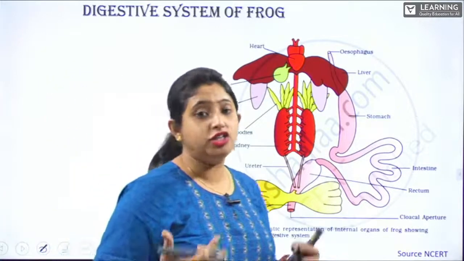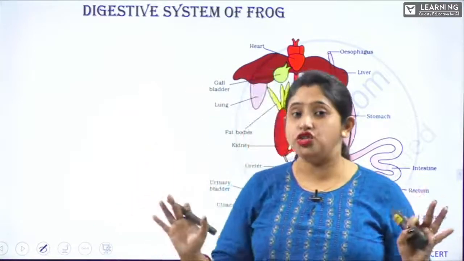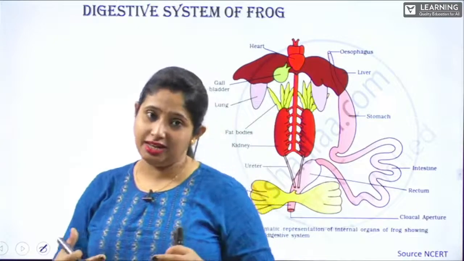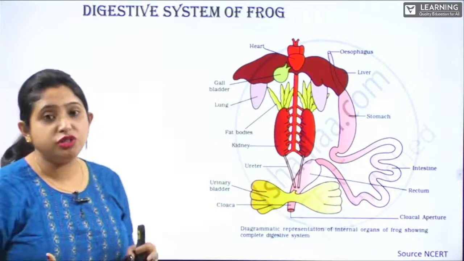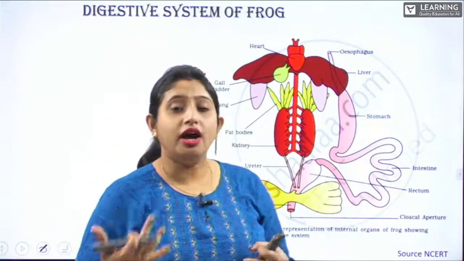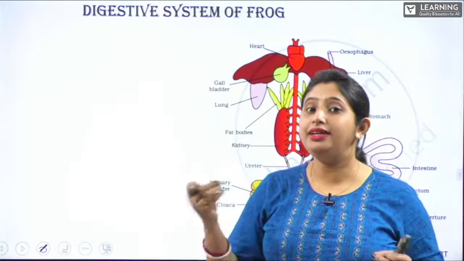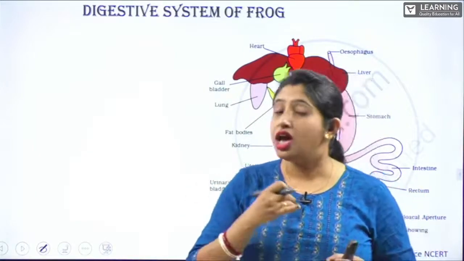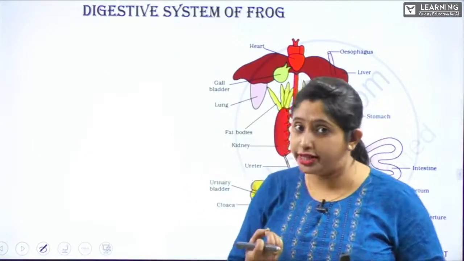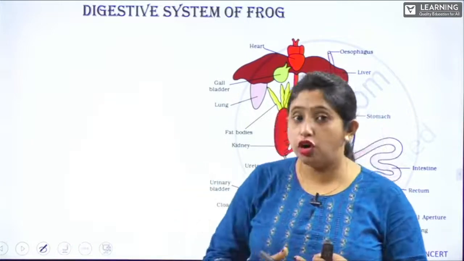Morphology means studying the external features, that means the features which are visible to us, which we can see. Now we are going to learn about the anatomy of the frog, that is the internal systems which we cannot see from the outside. So let's start the anatomy of the frog.